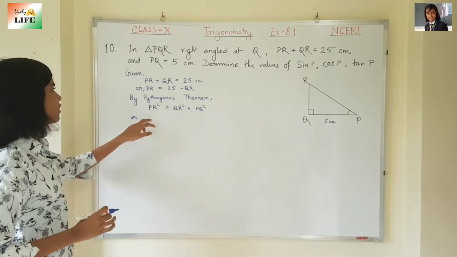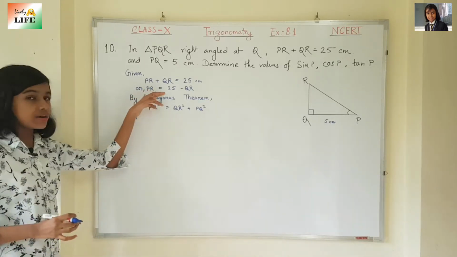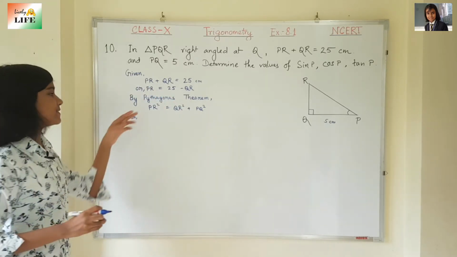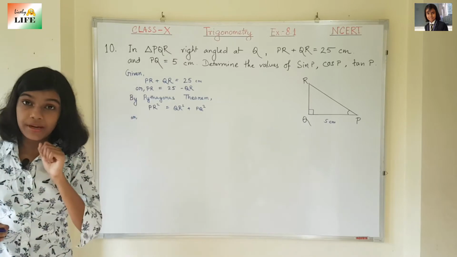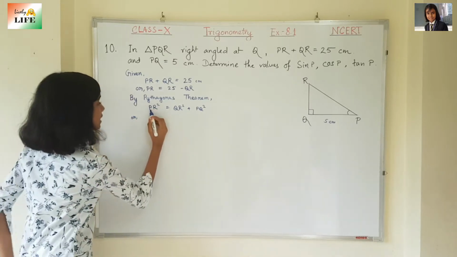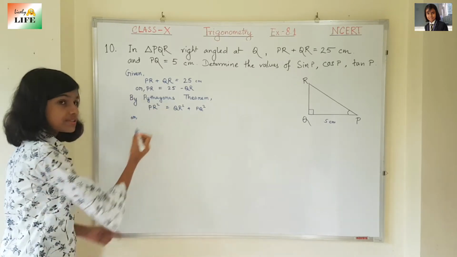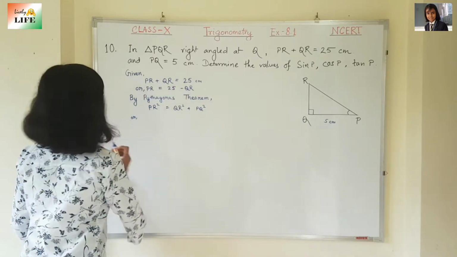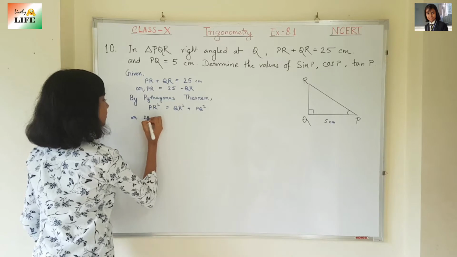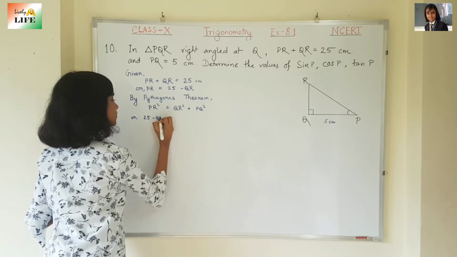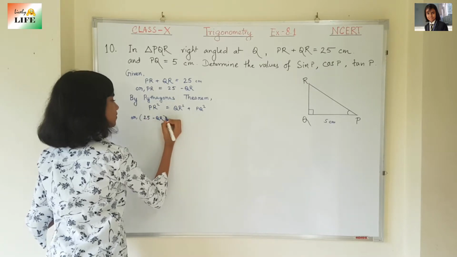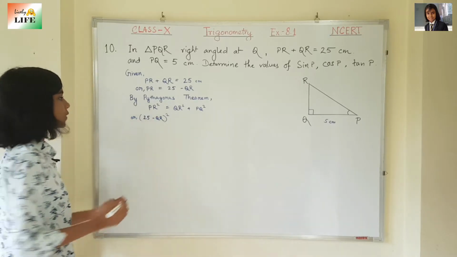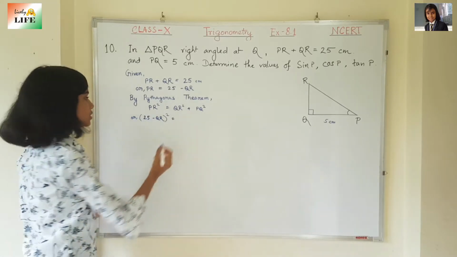Over here we have written that PR is equal to 25 minus QR, so over here also we can write that PR is equal to 25 minus QR. PR square is there, so 25 minus QR whole square.